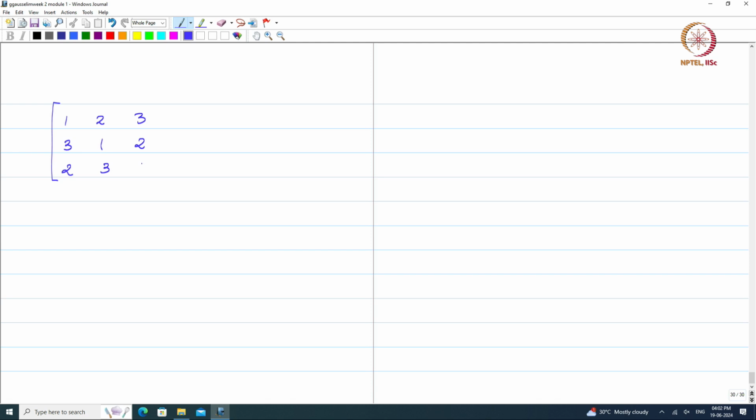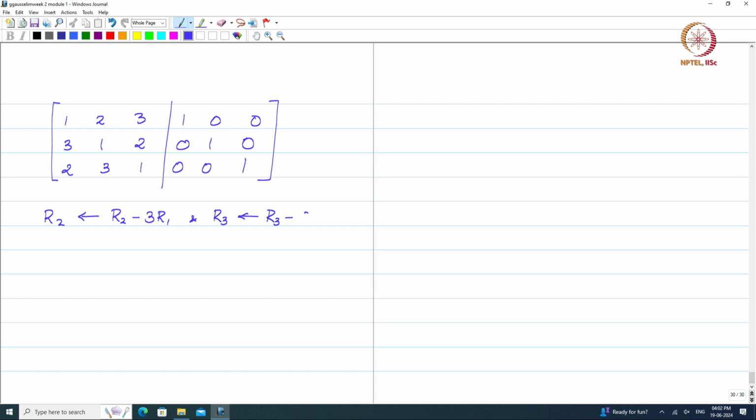The augmented matrix is given by 1 2 3 1 0 0, 3 1 2 0 1 0, 2 3 1 0 0 1. So, R2 tends to R2 minus 3 R1, R3 tends to R3 minus 2 R1.